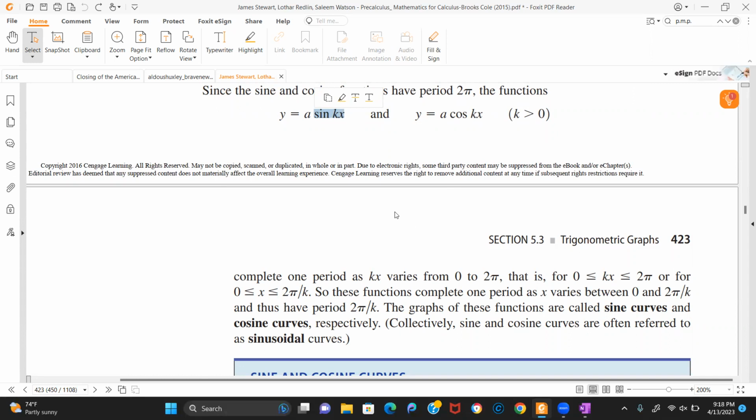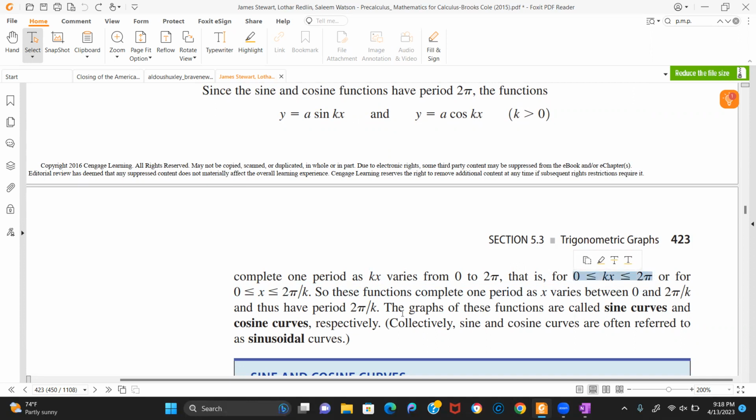So we want to determine what the period is. Well, this is how they work this out. They say to complete one period, that is for the graph to repeat, kx must vary from 0 to 2 pi, so you have to satisfy this inequality.